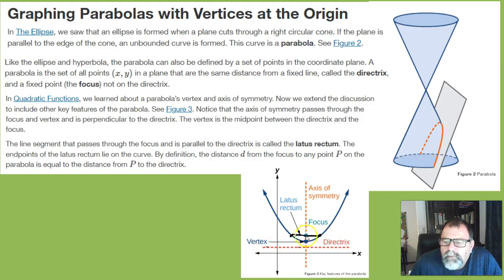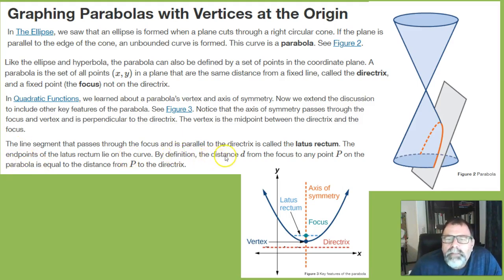So this line and this line: directrix, latus rectum. The latus rectum is a line segment, right? Because it's just a portion of the line. So the endpoints are on the graph, and that line segment is parallel to the directrix, and it has to go through the focus. Okay, and that's called the latus rectum. Funny name, but that's what it's called.